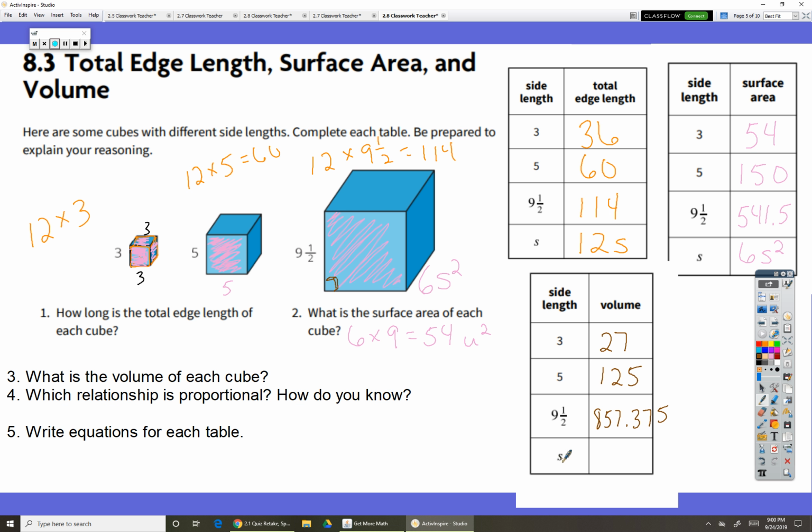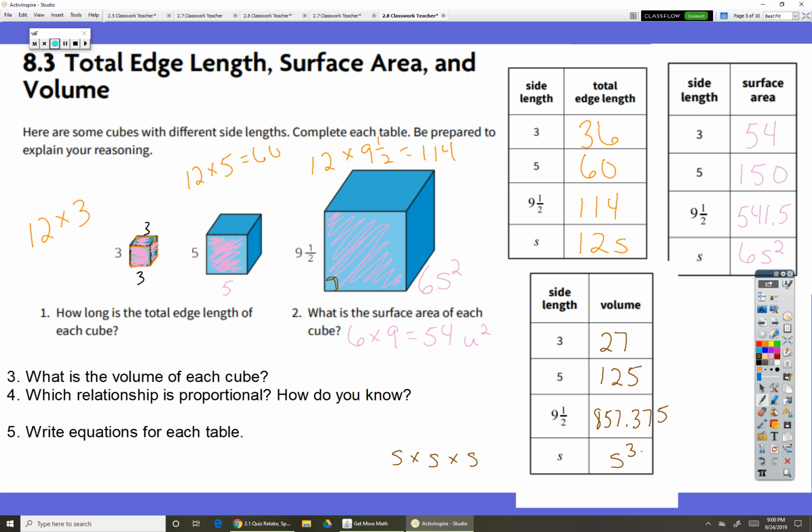So what did we do? We multiplied S times S times S. Another way we can write that is S with a little number 3. That means we're going to multiply S 3 times. We call that S cubed.